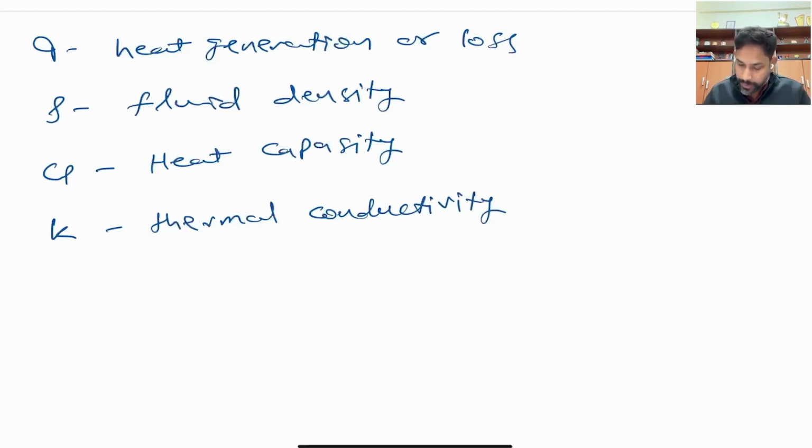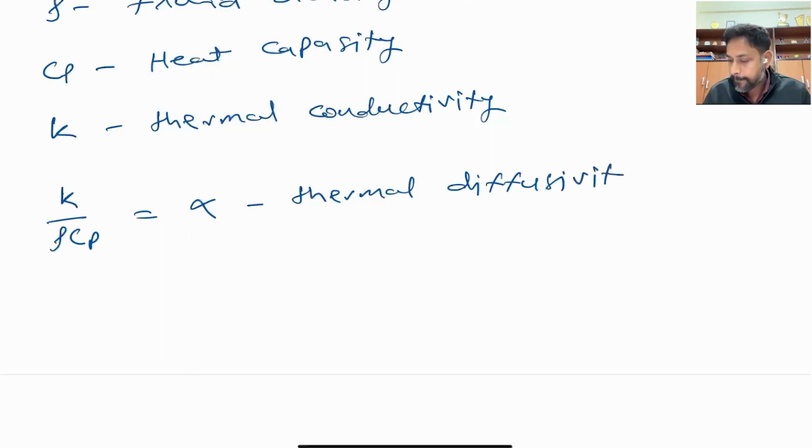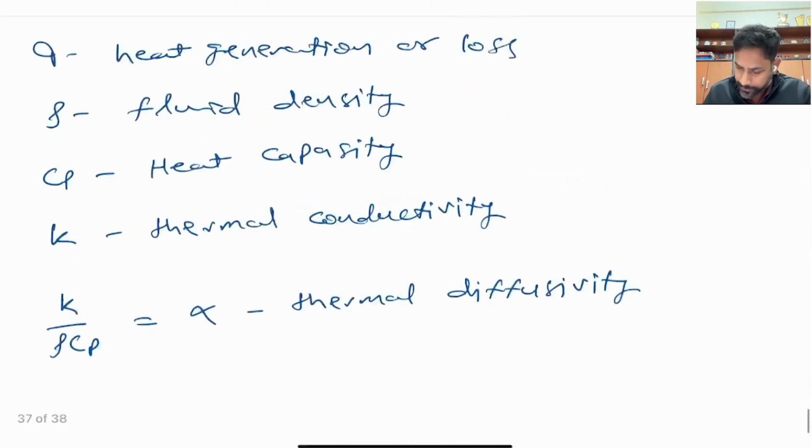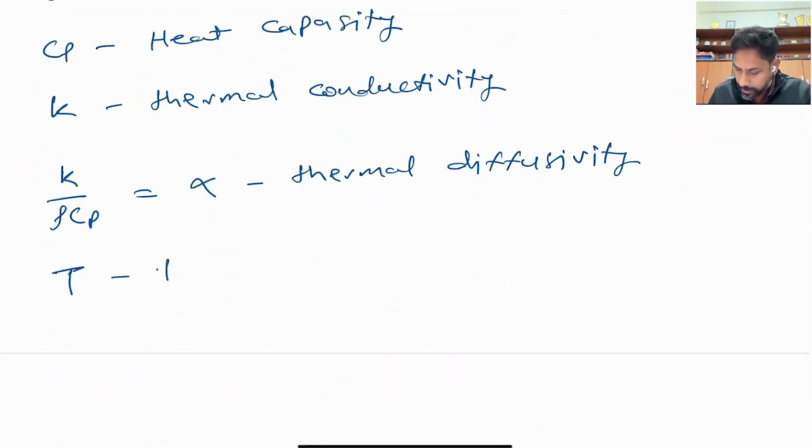Okay, and usually K by rho Cp is written as alpha, which is known as thermal diffusivity. So thermal diffusivity is similar to kinematic viscosity for fluid motion. Thermal diffusivity is for heat transfer. Okay, and of course the T term here, capital T, is the temperature.